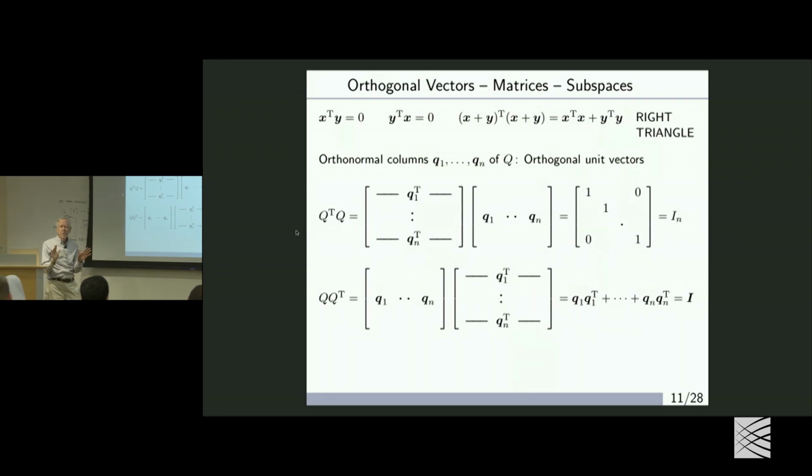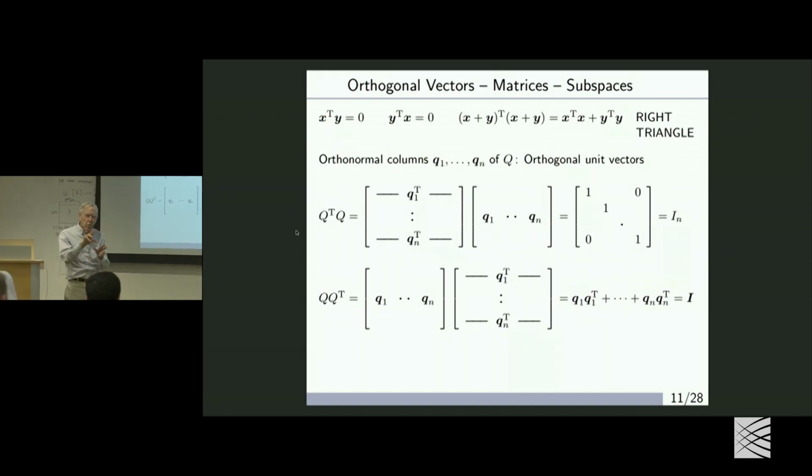So orthogonal matrix, just think rotation. And what's the point of picking out orthogonal matrices as being so good? If I multiply orthogonal matrices, I'm just rotating again, rotating, maybe reflecting. It's still an orthogonal matrix.